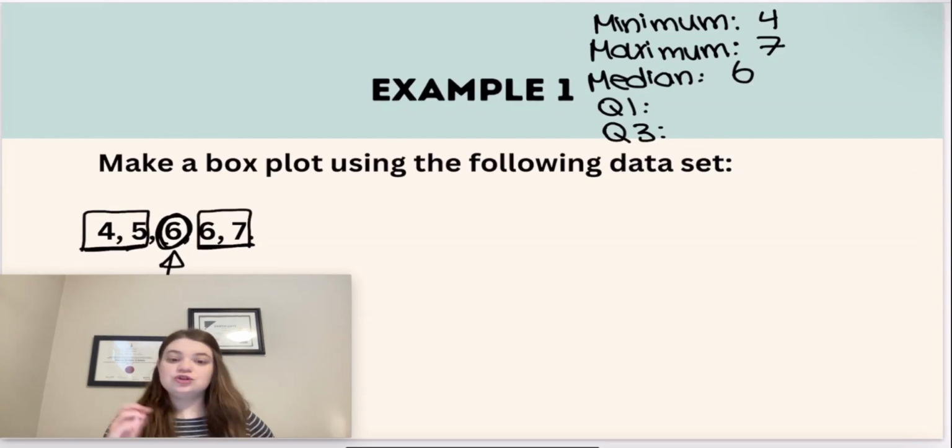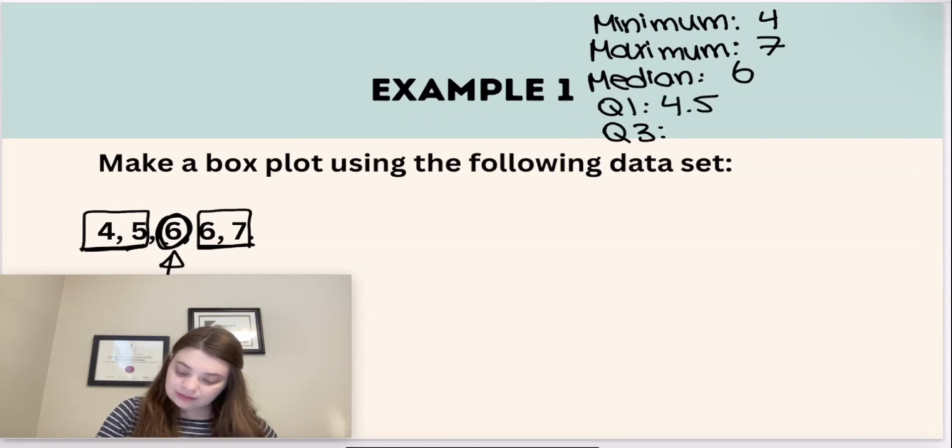What if we have 2 middle numbers in general? Then we go halfway in between those numbers, or take the average of those numbers. Halfway between 4 and 5 would be 4.5, so that's going to be my Q1. And then my Q3 is going to be halfway between 6 and 7, so Q3 is 6.5.